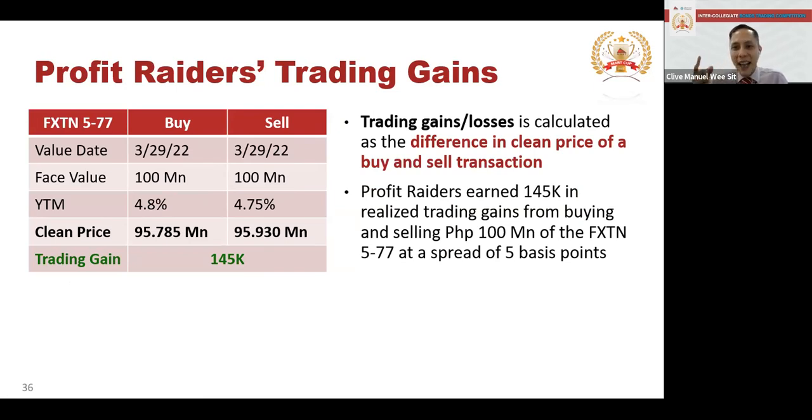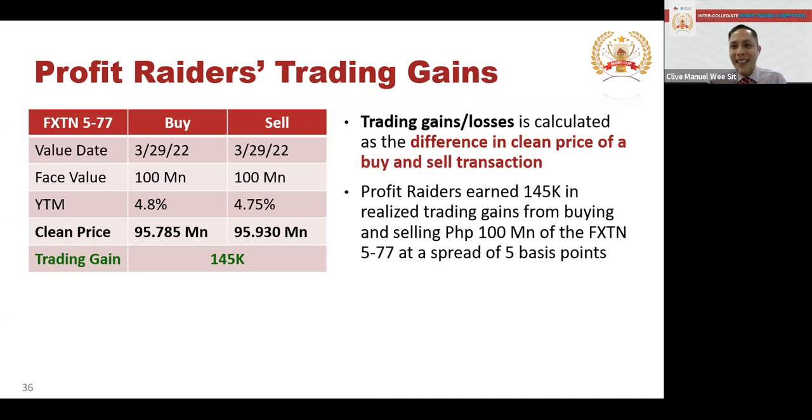The settlement amount is the actual cash outlay for buying or selling a government security. But that is not the basis for computing trading gains. The basis is actually your clean price. So you will use the bond valuation formula to compute the clean price from buying from Hydra and the clean price from selling to Outsmart Traders.